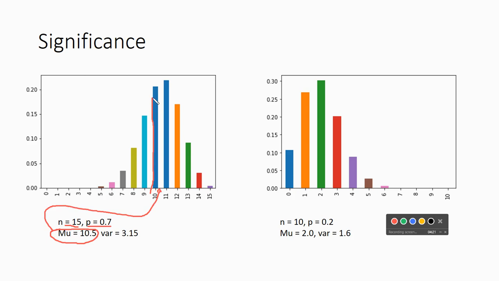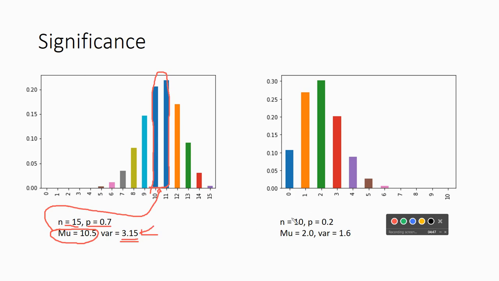And notice that 10 and 11 are our two highest probabilities. And the variance gives us some idea of how clustered our values are around them. The smaller the variance is, the more tightly our probability will be clustered around the mean.